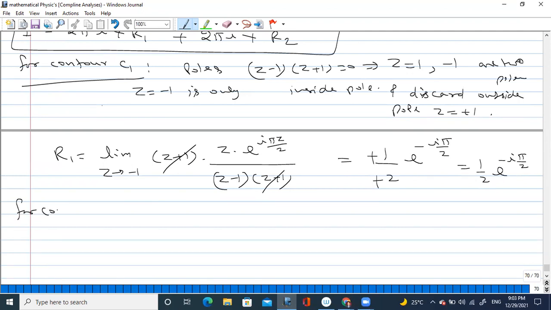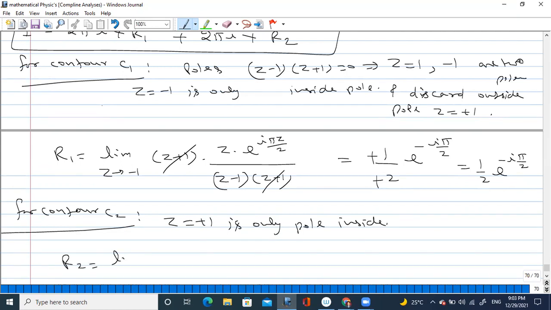Now for contour C2, poles are the same. z equal to plus 1 is the only pole inside. So for that only I will find R2.